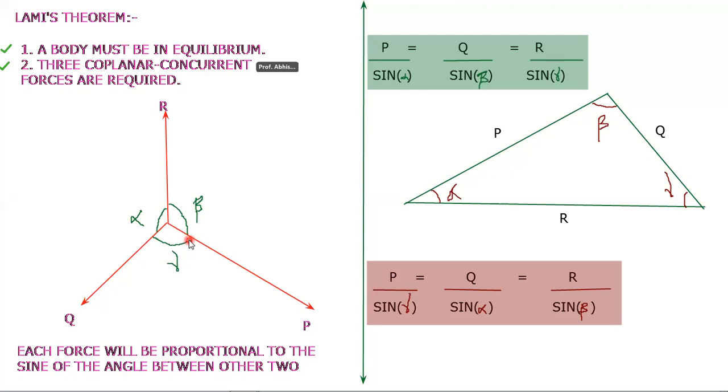If you know the two forces Q and R, and if you know the three angles alpha, beta, and gamma, then you can find the unknown force, which is P. Here also, if you know Q and R and alpha, beta, and gamma, then you can find P. In some cases, you can also find two unknowns if two angles are the same.